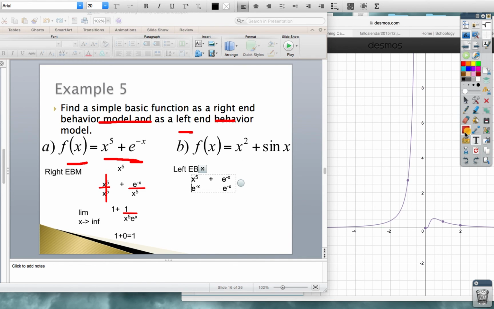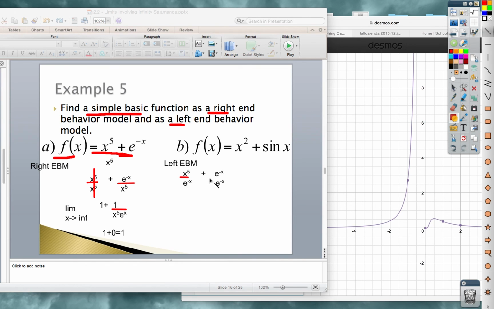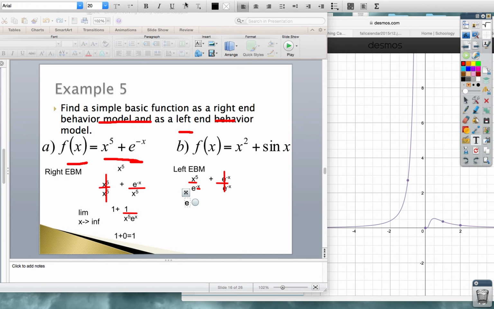And again, you'll notice that when we have these fractions, this cancels out and you're left with 1. This, because it has a negative exponent, should read e to the x, x to the fifth, plus 1.